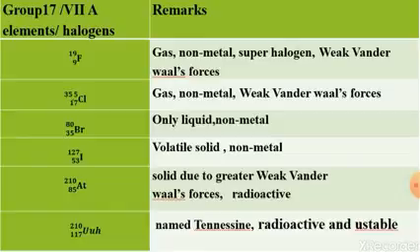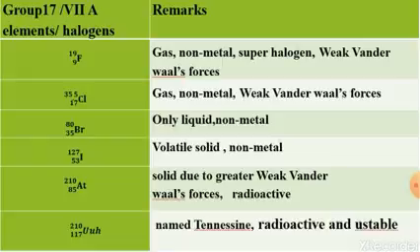Now dear students, come to astatine, atomic number 85 and mass number 210. Now about astatine, it is a solid due to greater van der Waals force and also radioactive in nature.